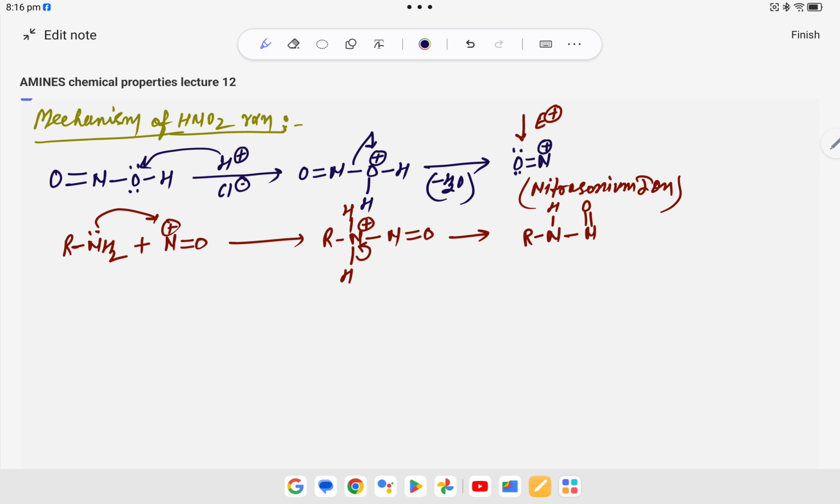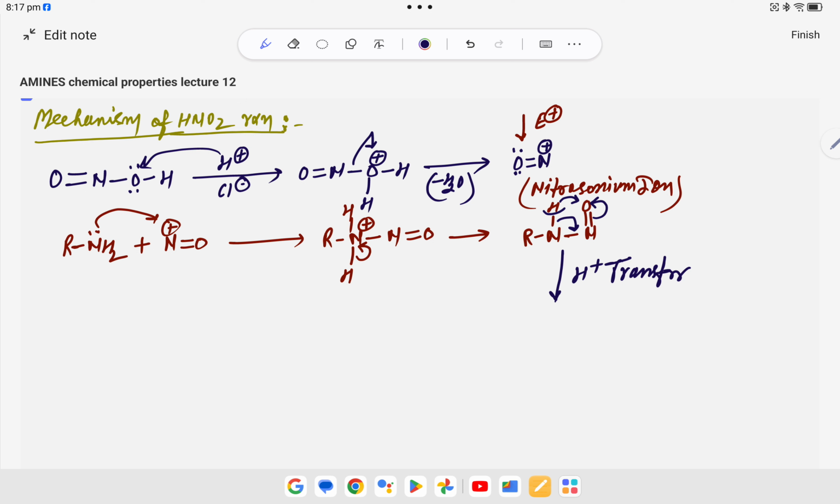In the next step, what happened? H plus transfer, children. See, these electrons shifted here. Hydrogen is free. The electron shifted here, and hydrogen will attach to the oxygen.